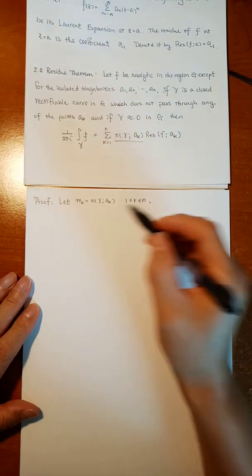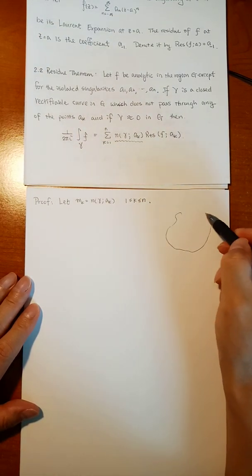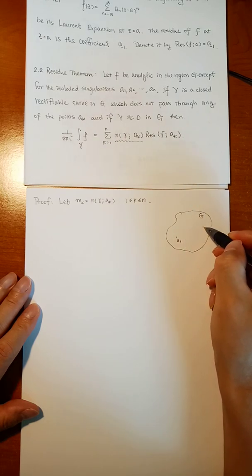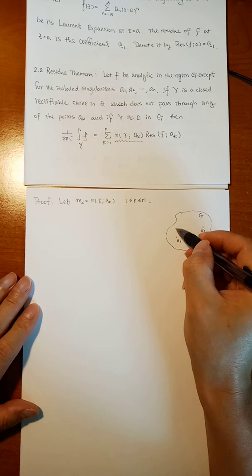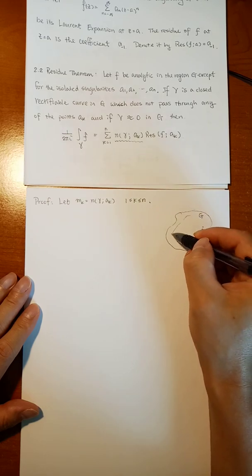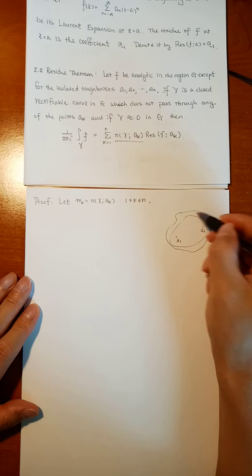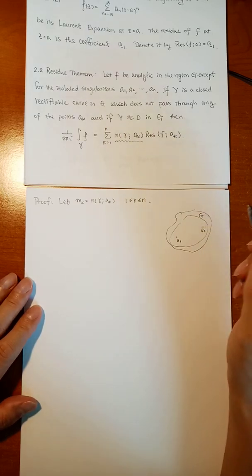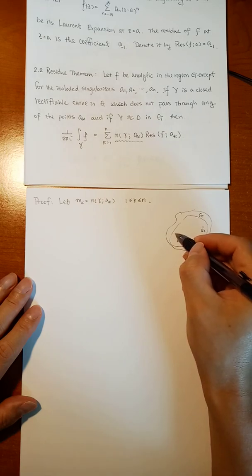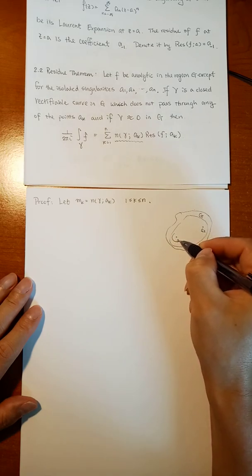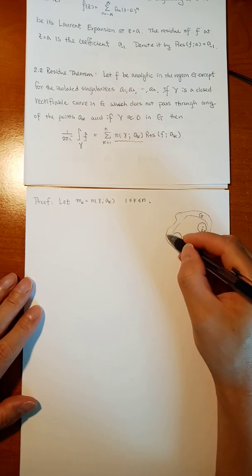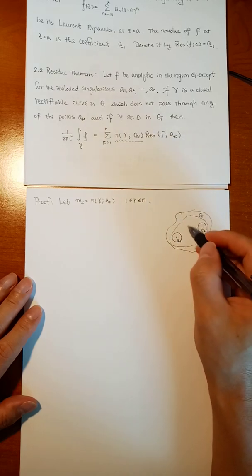And you see, this is G. This is a1, a2. Let's just draw a1, a2. And this is gamma. We are going to draw a disk for each point so that this disk is totally contained in G and it does not intersect gamma.